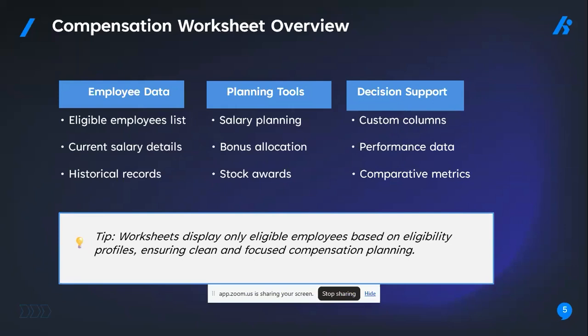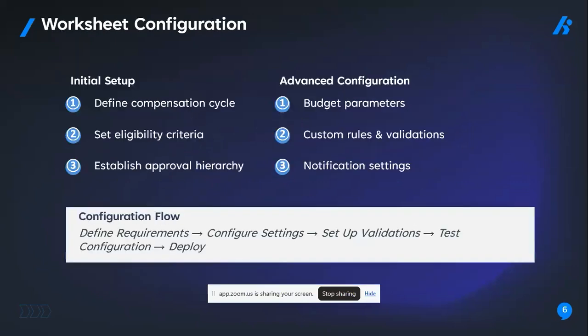To help managers make good decisions, the worksheet can display custom columns with relevant context. This might include performance rating from the performance management system, comparative metrics like comp ratio, or performance status from succession planning. Let's move to the next slide.